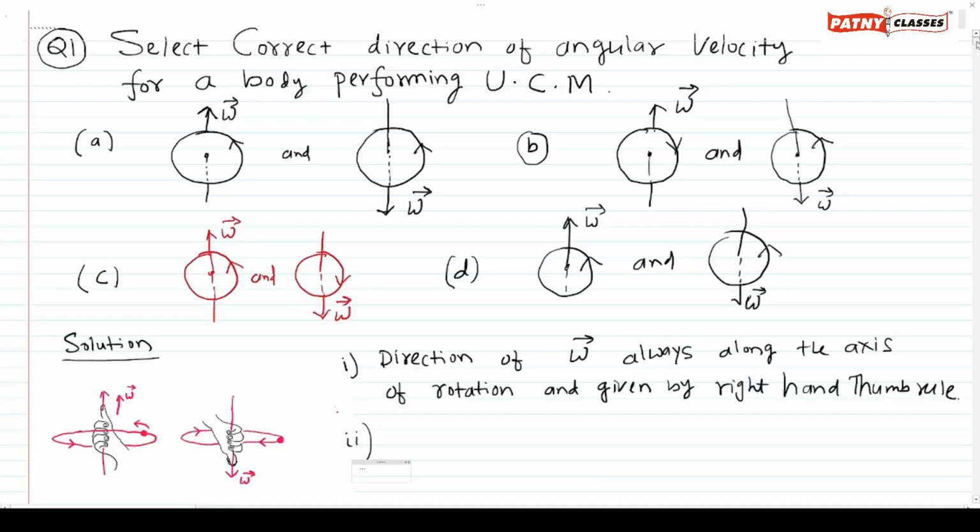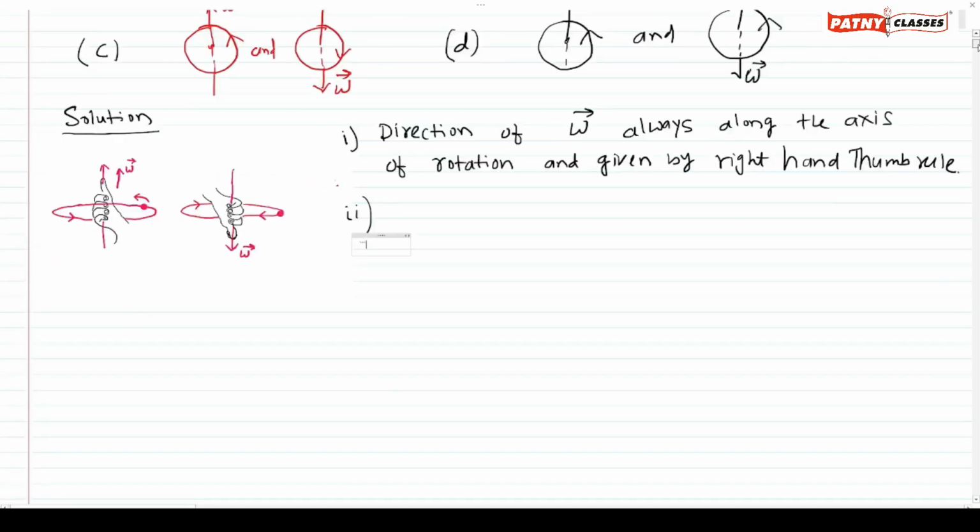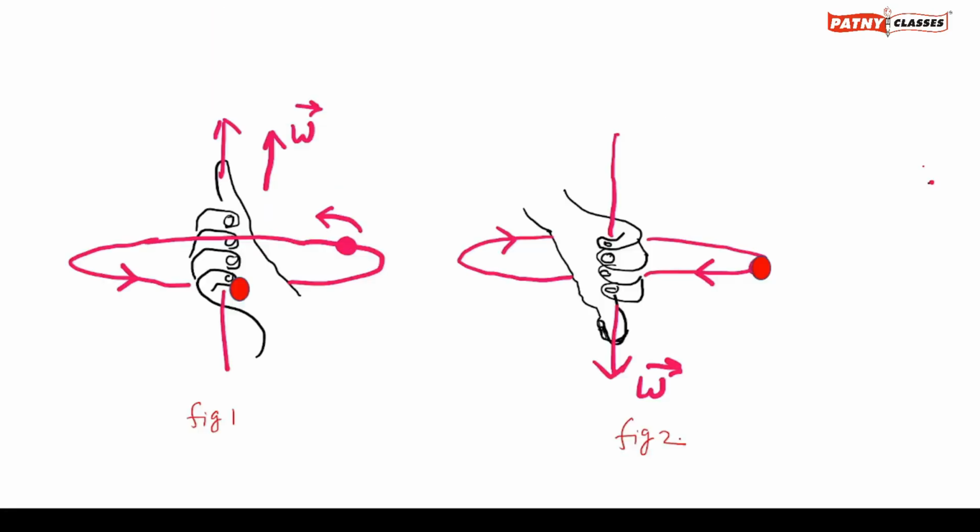How is option C correct? Let us discuss. To answer this question, we need to know the right hand thumb rule. The direction of angular velocity in circular motion, along the axis of rotation, is given by the right hand thumb rule. In figure 1, for the body performing circular motion, the curled fingers give the direction of circular motion and the thumb shows the direction of angular velocity.